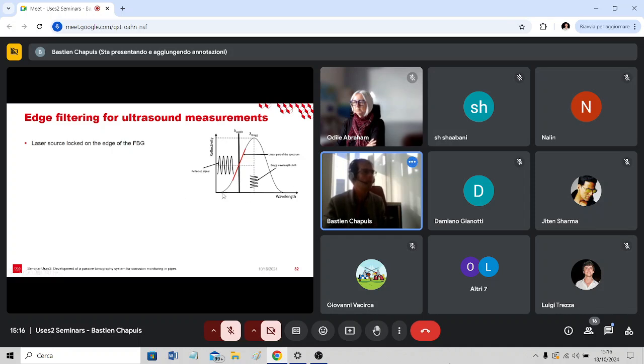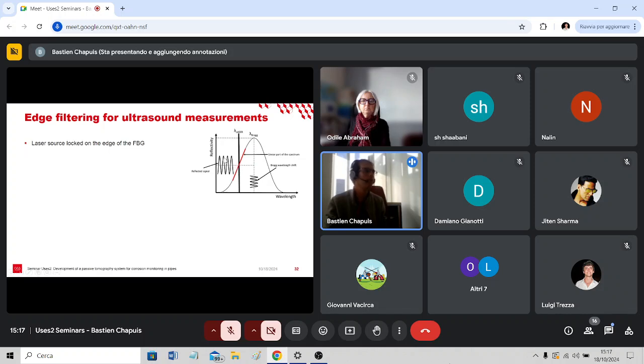We have our reflected spectrum, this Gaussian shape here. We put a laser at a fixed wavelength on the edge of the FBG, in this linear part. When there are, for example, elastic waves that arrive on the FBG, this lambda Bragg peak, this Gaussian, moves a bit.